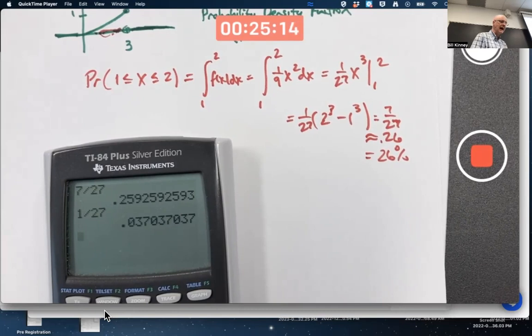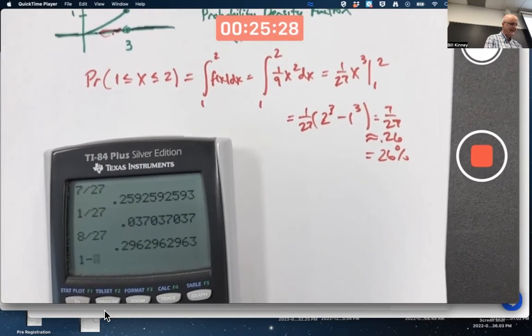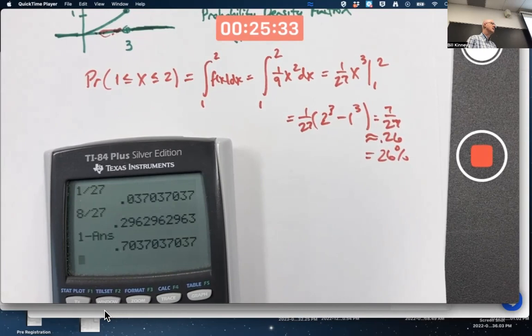That's going to be relatively high. The total probability has got to be 1. That represents 100% of the data. 1/27 plus 7/27 is 8/27. 1 minus that has got to be the chance that it's between 2 and 3. About 70% chance that a randomly chosen data point is between 2 and 3.